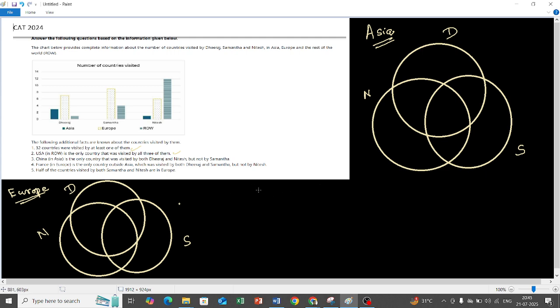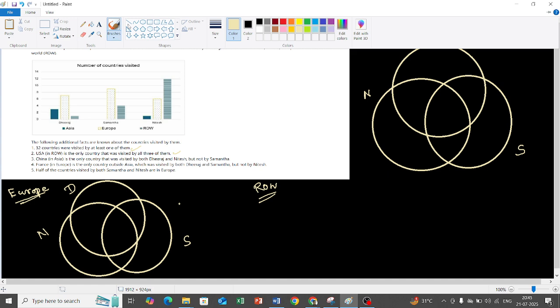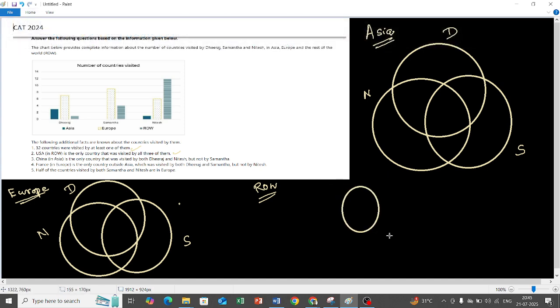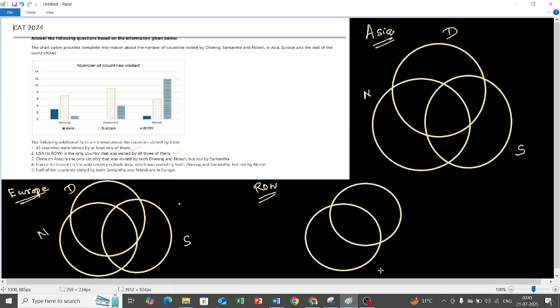And then ROW, with Dheeraj, Nitesh, Samantha. Now we will put in the instructions.